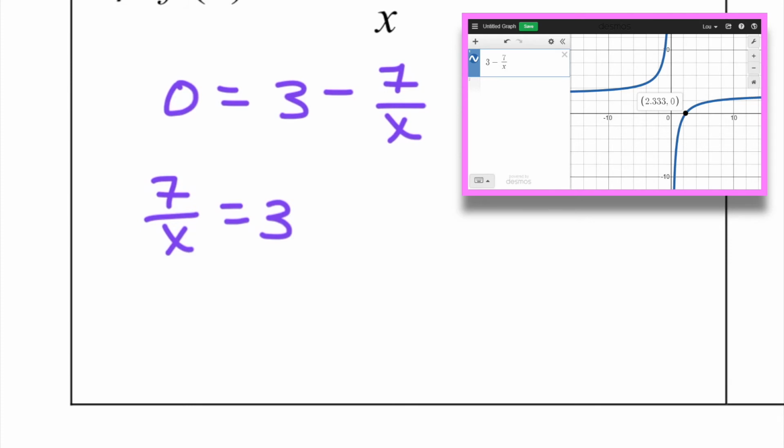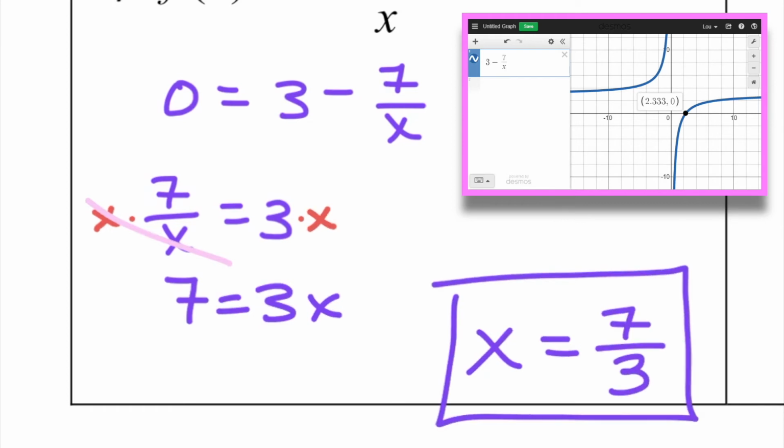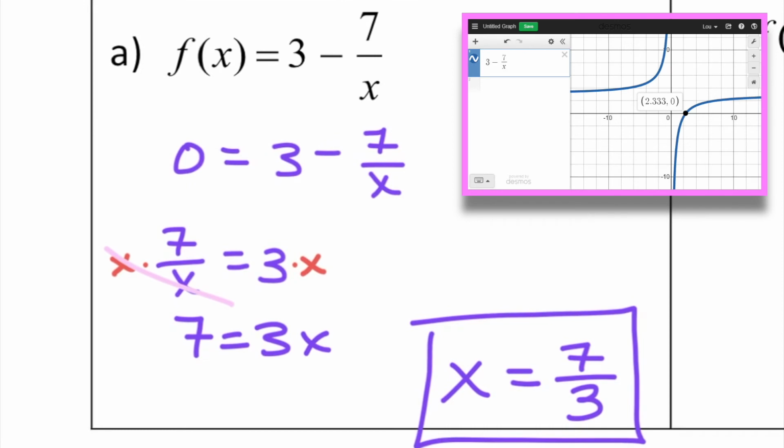The thinking is that if you multiply by x, then these x's over on the left would cancel, and you end up with 7 equals 3x, or x equals 7 over 3. And your Desmos graph should show that you have an x-intercept at 2.33333, and so that should verify 2.3 repeating is equivalent to 7 over 3.